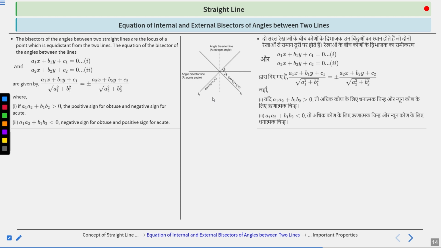Now if a1 a2 plus b1 b2 is greater than 0, then the positive sign is for obtuse angle and negative sign for acute angle, right? And if a1 a2 plus b1 b2 is less than 0, then negative sign for obtuse angle and positive sign for acute angle, right?